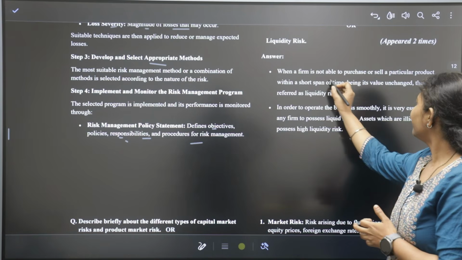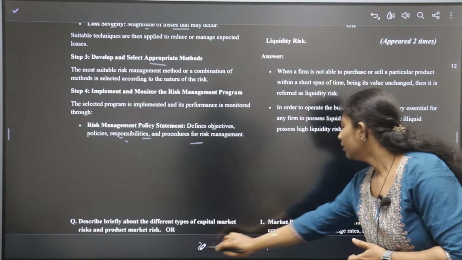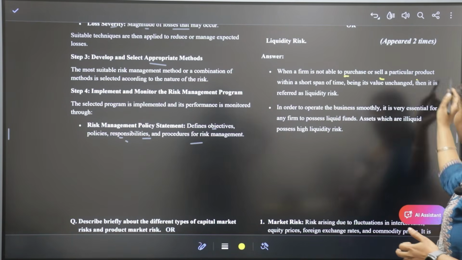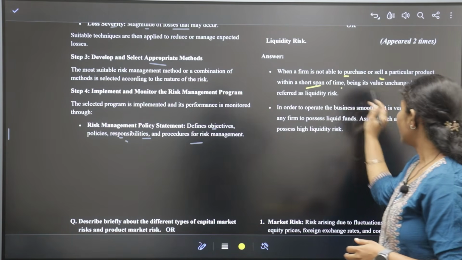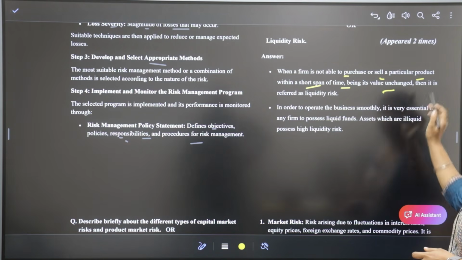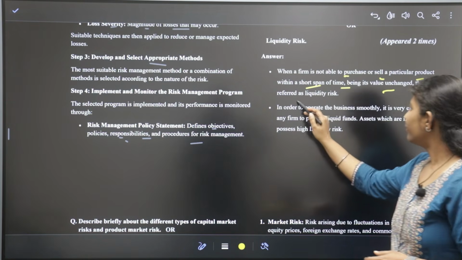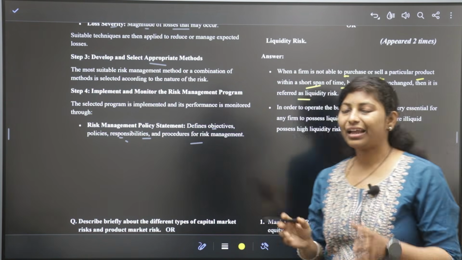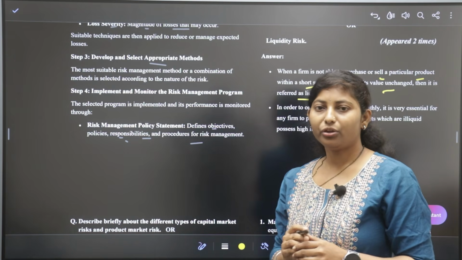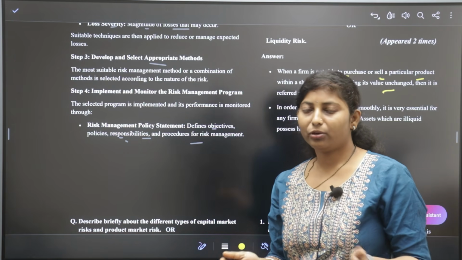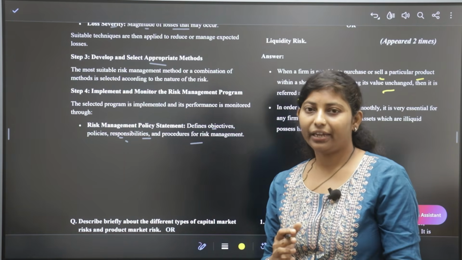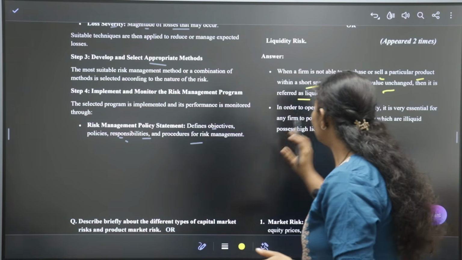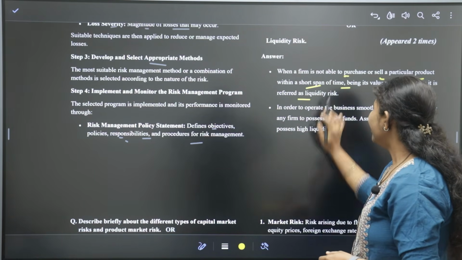When a firm is unable to purchase or sell a particular product within a short span of time, its value being unchanged, then it is referred to as liquidity risk. That asset is not ready to convert into cash and we are not able to sell or buy in the business. In such situations we face liquidity risk.